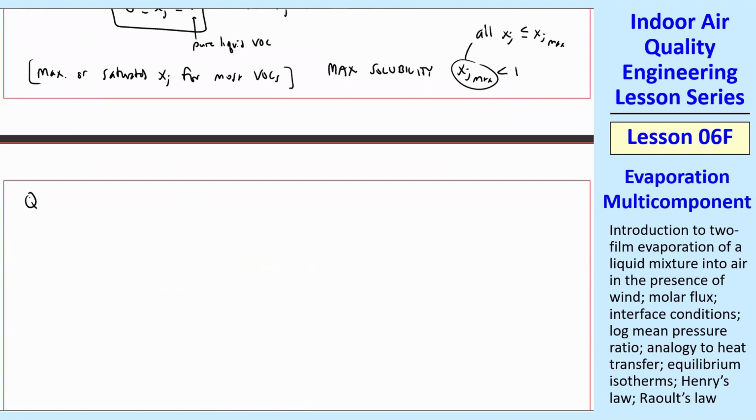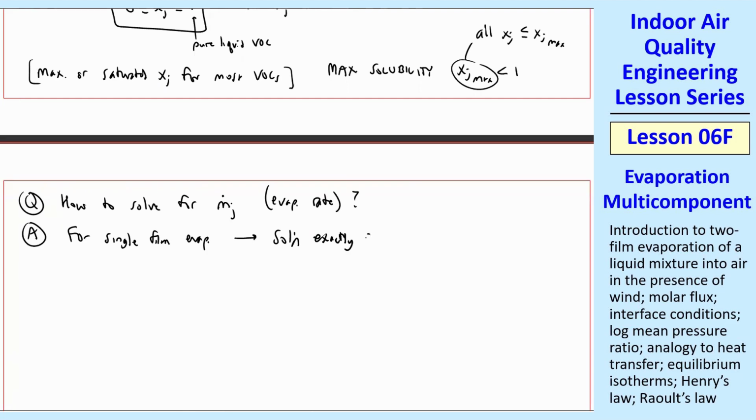So let me ask a couple questions here and answers. How to solve for m dot j, which is our evaporation rate that we're interested in. The answer for single film evaporation is exactly the same as previously where we did a pure liquid, except PJI does not equal PVJ.